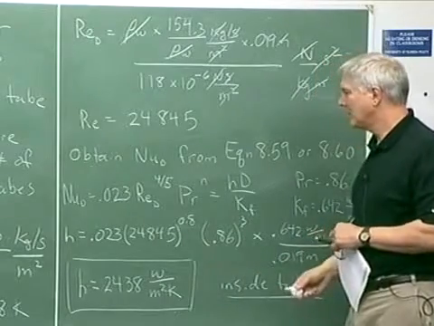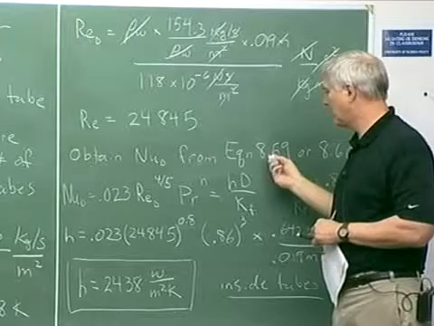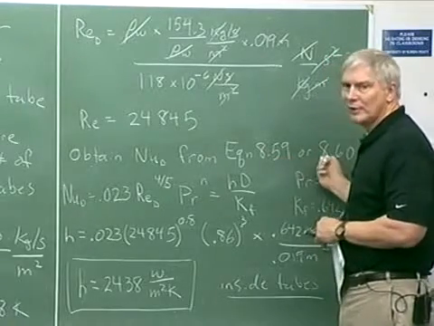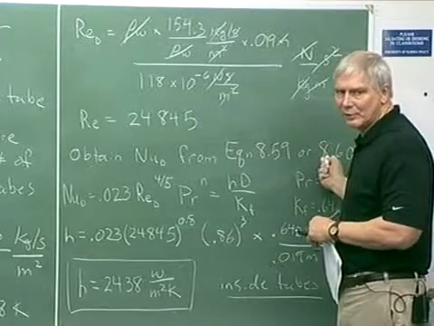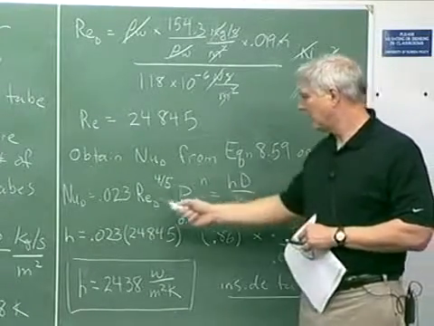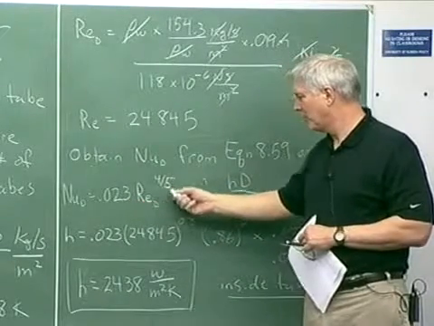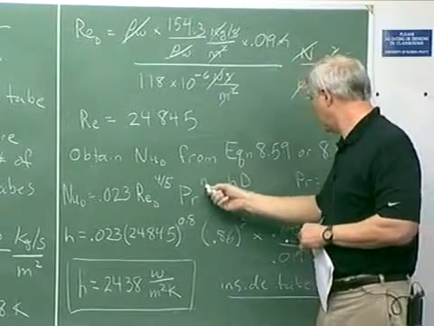Now that we have that, we can calculate the Nusselt number for internal flow. We can use either equation 859 or 860, and that's in the 6th edition. If you have a different edition, it might be a different equation, but you can look it up. The Nusselt number is equal to 0.023 times the Reynolds number to the 4/5 times the Prandtl number to the n power.